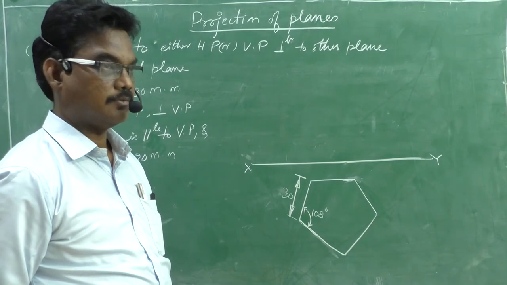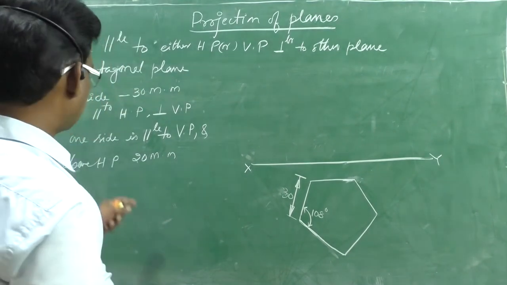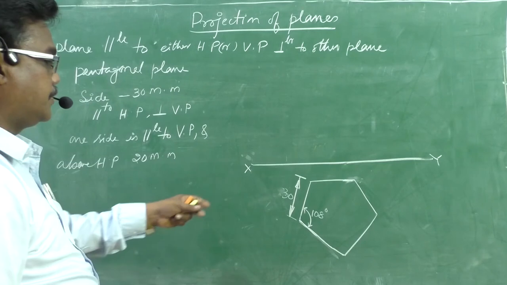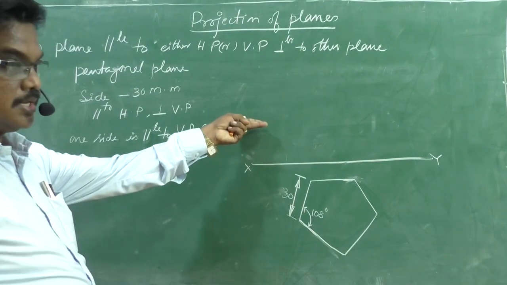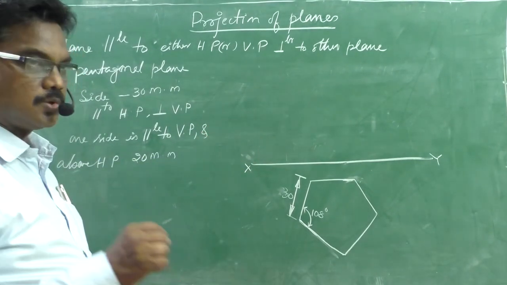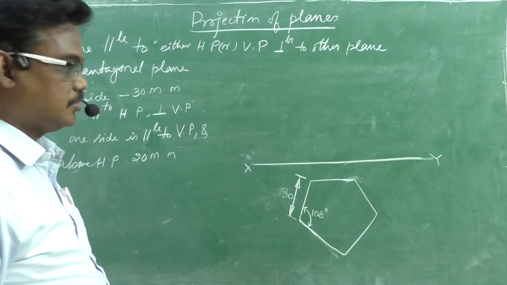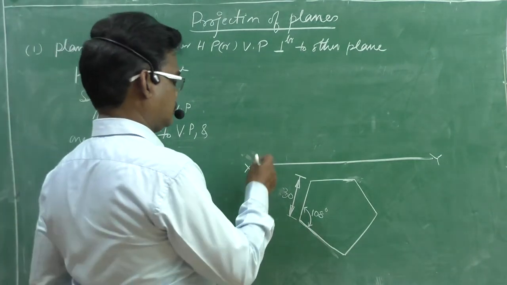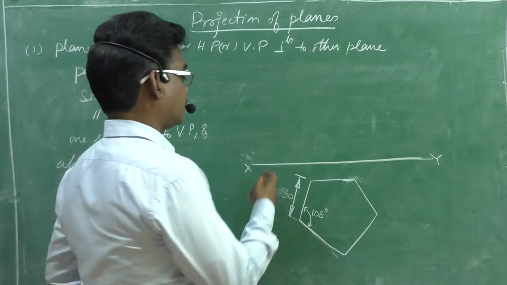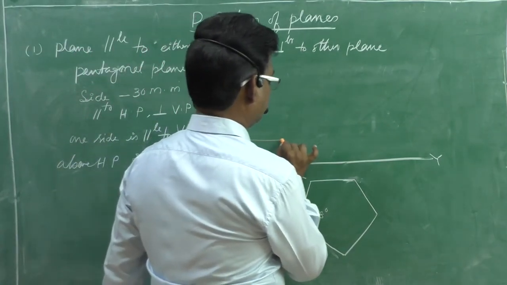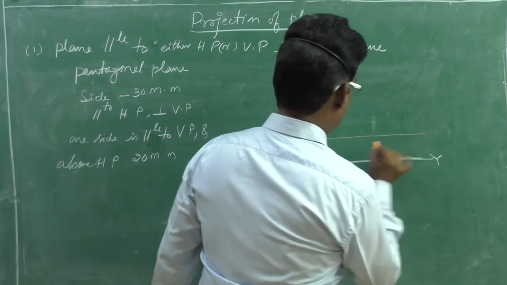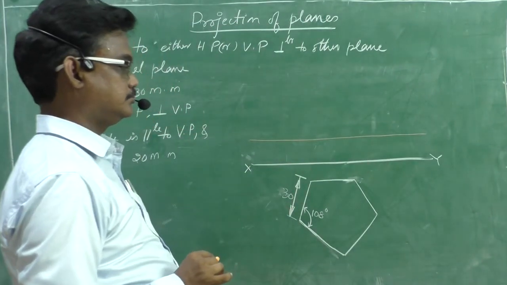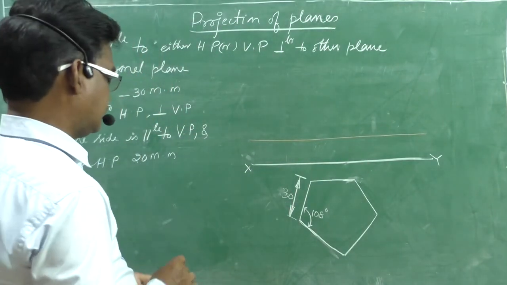Now come to the front view. The plane is above HP 20 mm. If it is above HP, that true distance is clearly visible in the front view. Therefore, draw a line at 20 mm from the reference line.